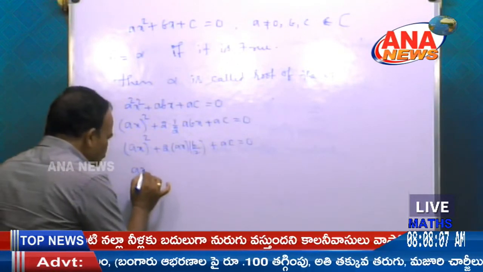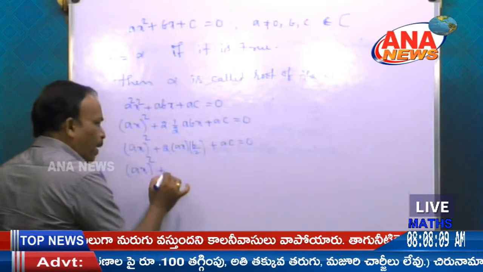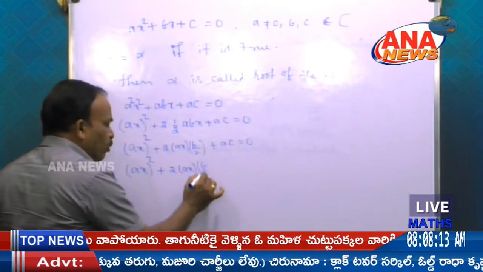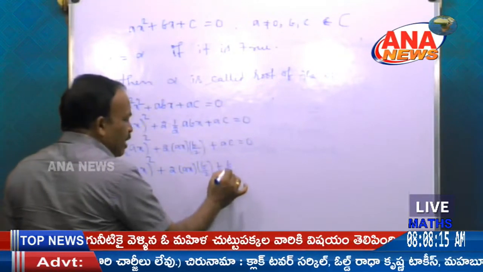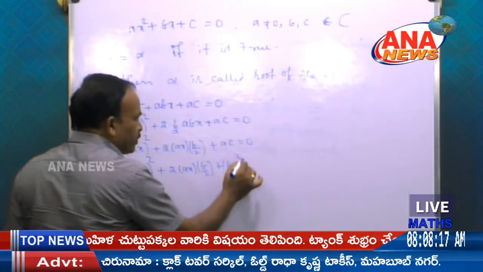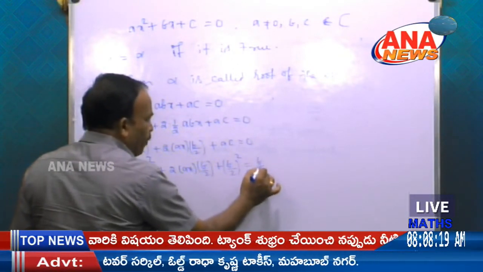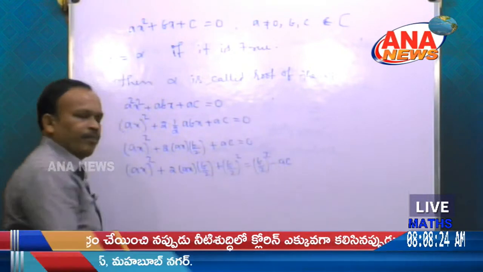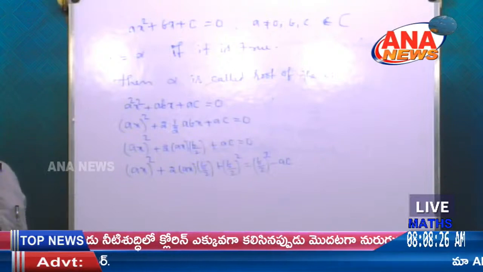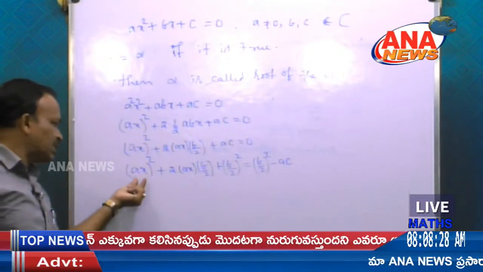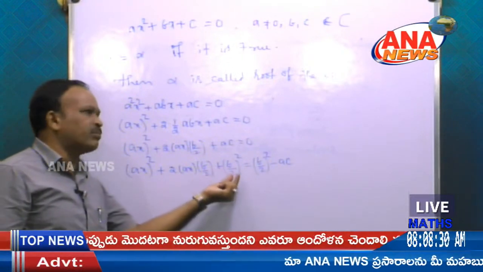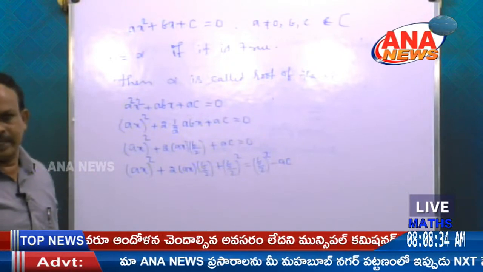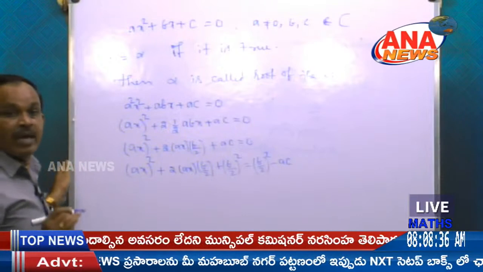Now, clearly ax whole square plus 2 into ax into b by 2 plus b by 2 whole square is equal to b by 2 whole square minus ac. Now this is in the a square plus 2ab plus b square form. That is nothing but a plus b whole square.